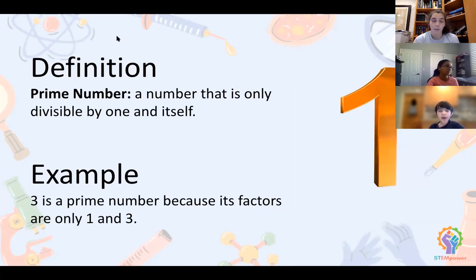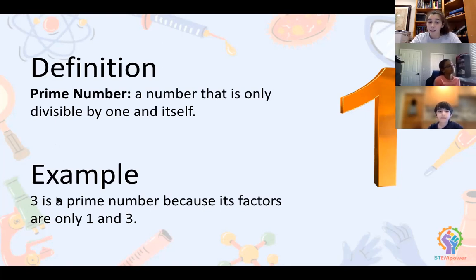Because every number is divisible by 1 and itself, it's the ones that are only divisible by 1 and itself. So they wouldn't be called factors? They are still called factors, yeah. But the number itself is called prime. Oh, got it. The factors are still factors, and then the number itself is prime.